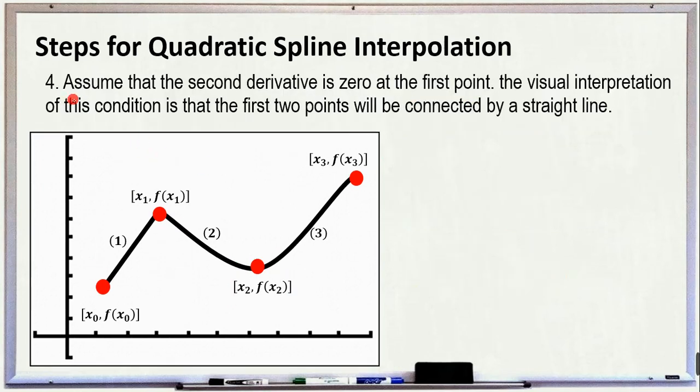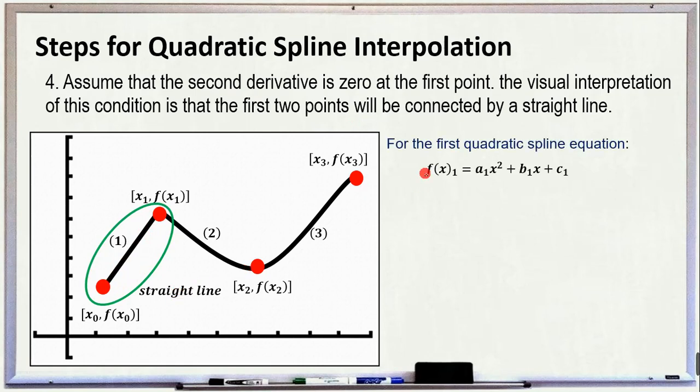So for the last step, we'll assume that the second derivative is 0 at the first point. The visual interpretation of this condition is that the first 2 points will be connected by a straight line, not by a curved line or a quadratic spline. So we will assume that the first two data points are connected via a straight line.